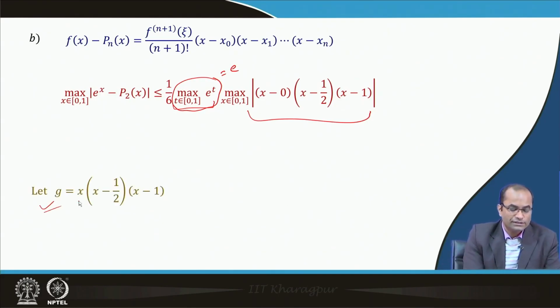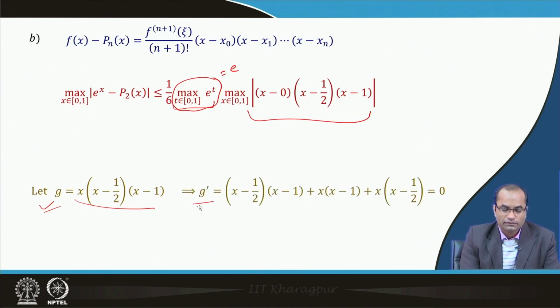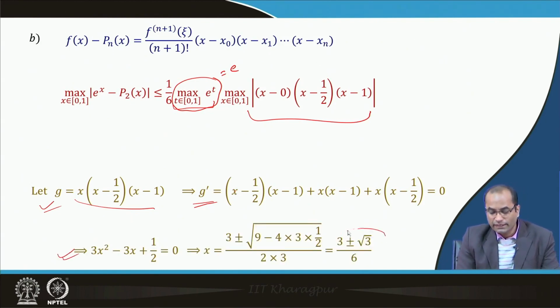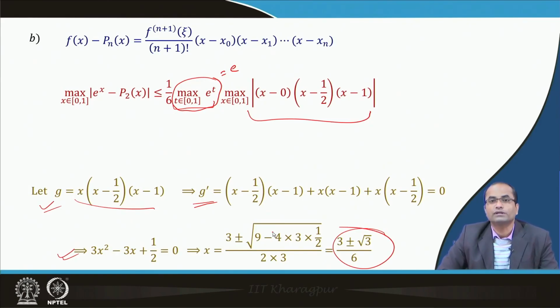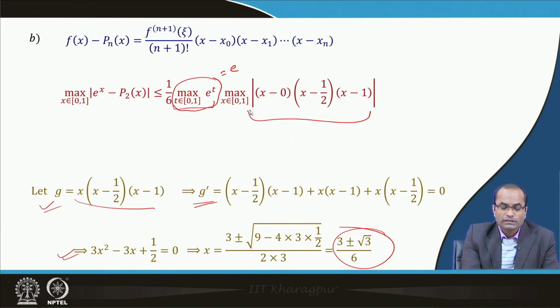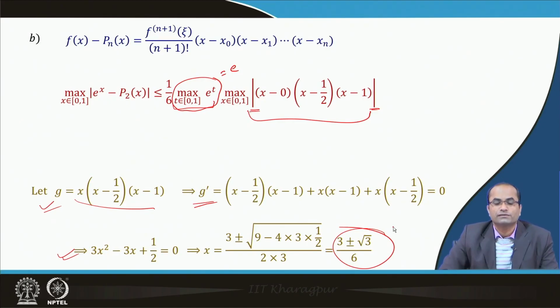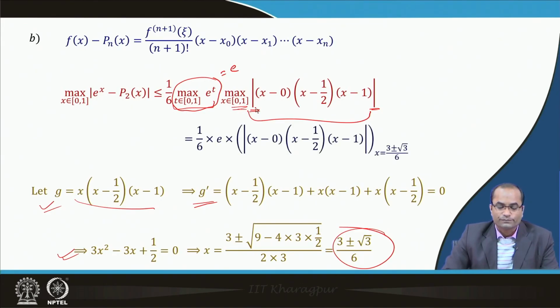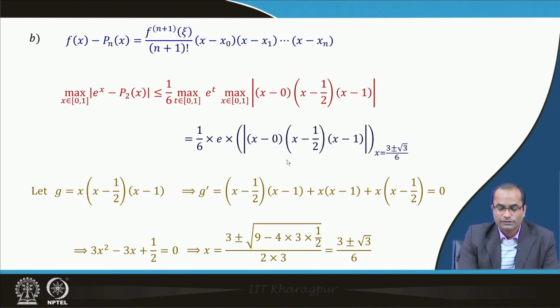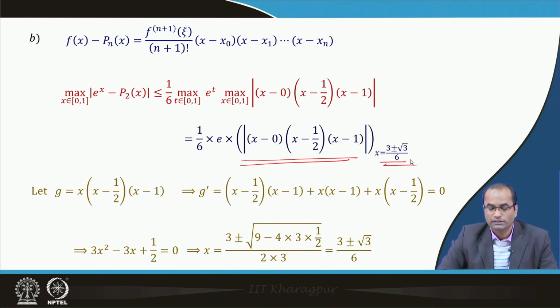Let us assume that g is this one, and we get its critical points by taking its derivative. Finally, after solving this, we will get that 3 plus minus square root 3 by 6 are the points where it attains the maximum and minimum, but here we have the absolute value. So, actually at these 2 points it achieves the maximum value over this range 0 to 1. So, having this we will get the value of this at x equal to 3 plus minus square root 3 by 6.